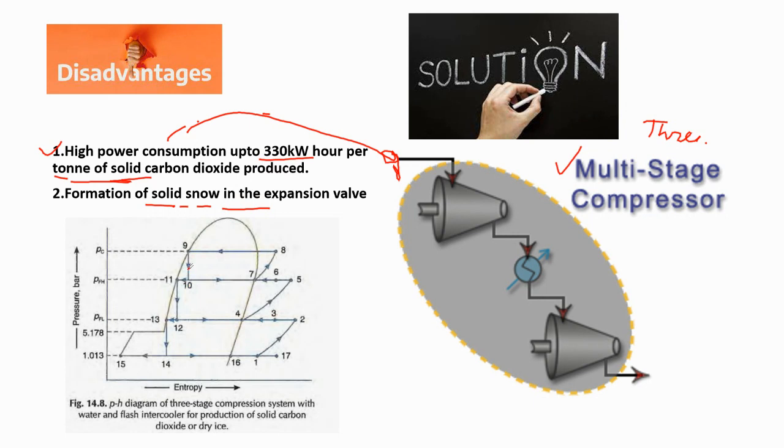Instead of expanding directly in just one step, you first expand it up to point 10, then cool it and convert it into liquid, then expand it again up to point 12, convert it into liquid again, and then expand it up to point 14. This is the way you can reduce solid snow formation in the expansion valve.